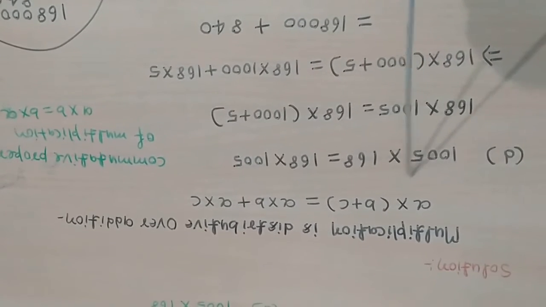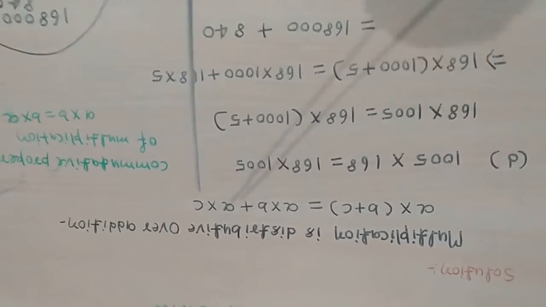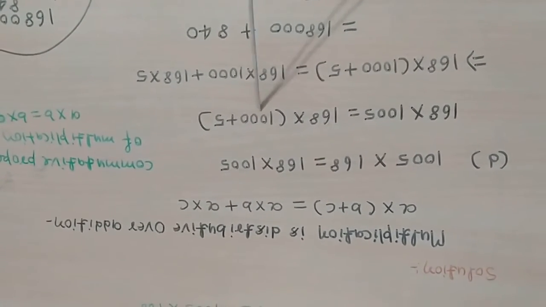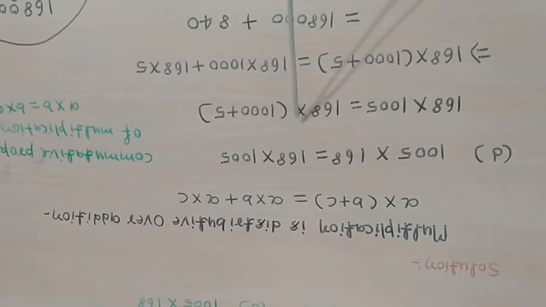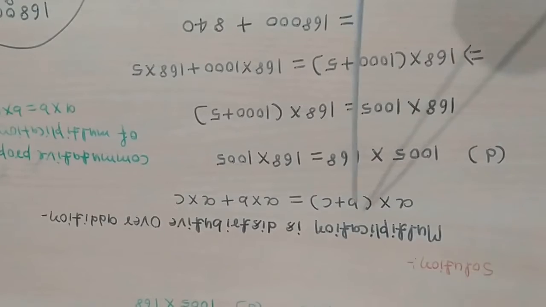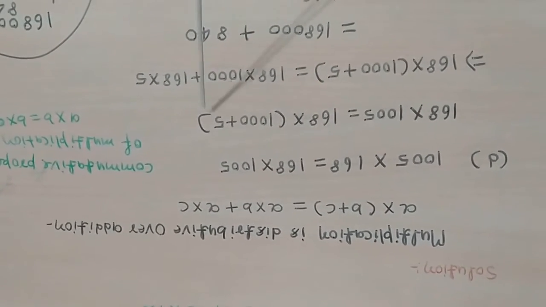The property is A into B plus C is equal to A into B plus A into C. Clear? If you compare these properties, you obtain A is equal to 168, B is equal to 1000, C is equal to 5.